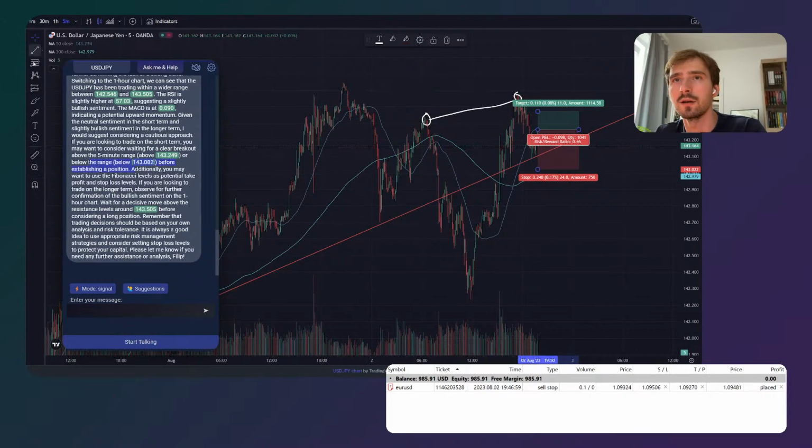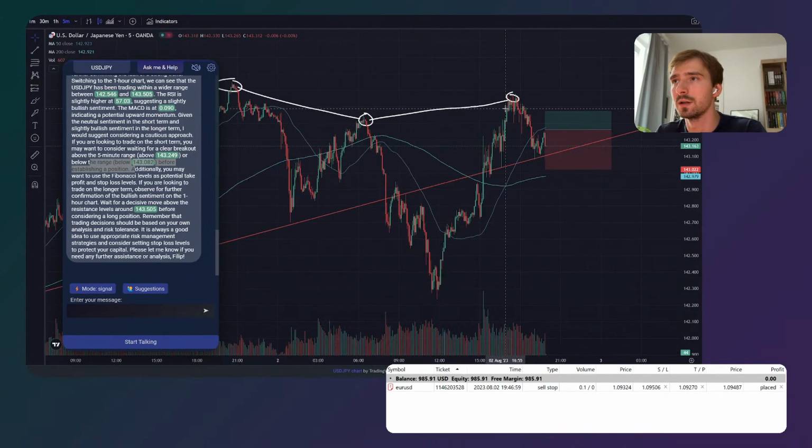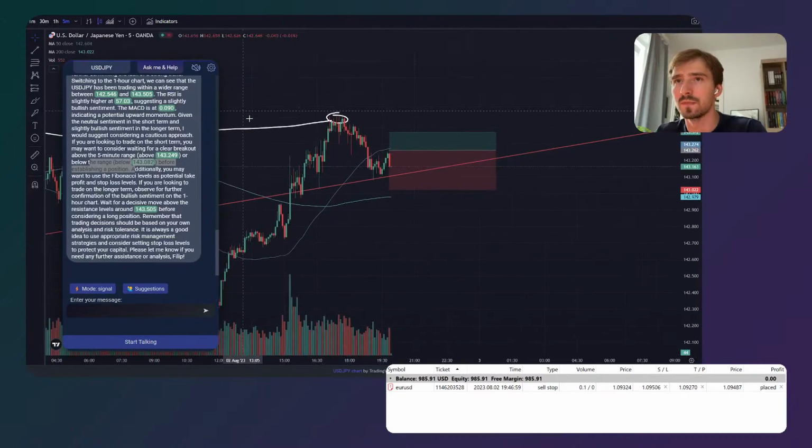Although one could argue that we have this higher standpoint going from here to here, so maybe there will be something like this. I don't know, guys. Let's try sticking with the plan. AI is saying in the long term it's slightly bullish, so let's prepare this one. You get two options. We will go with the first one.